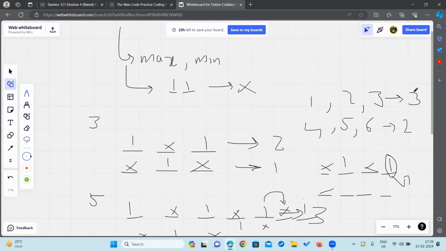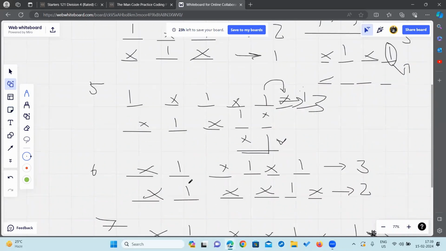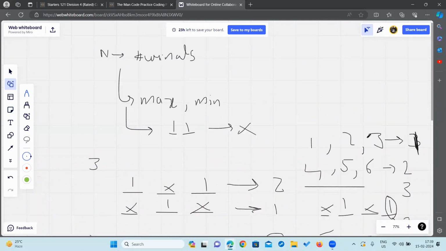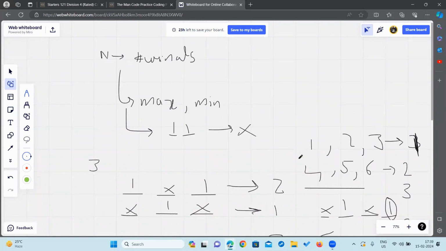For the first ones, it is 1. And then for the next ones, it is 3 for 7, 8, and 9, as you can see over here. So what we can infer is that this is related to the formula n plus 2 by 3.